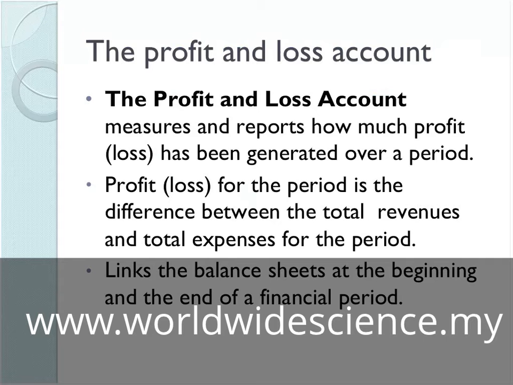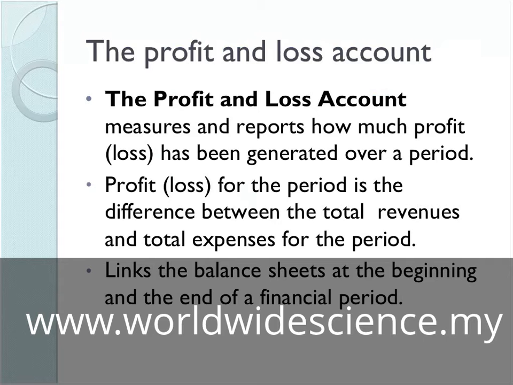So we have the profit and loss account. It measures and reports how much profit has been generated over a period. The profit or loss for the period is the difference between the total revenues and total expenses for the period. And the profit and loss account links the balance sheet at the beginning and the end of the financial period.